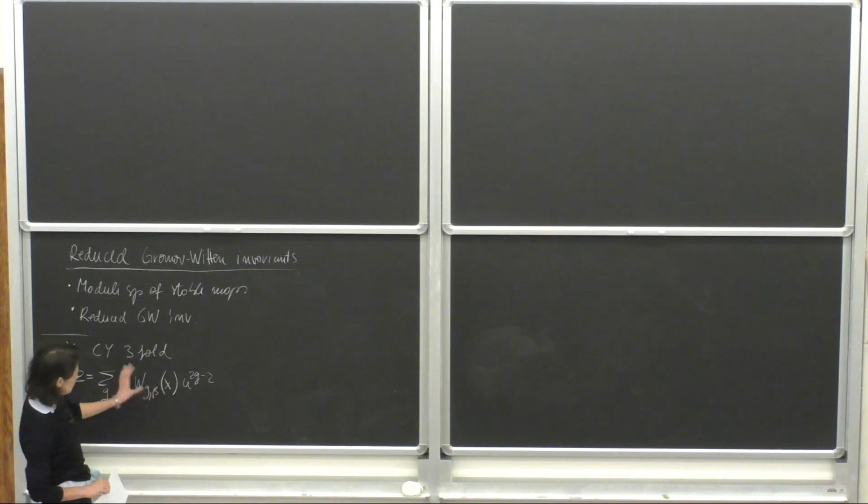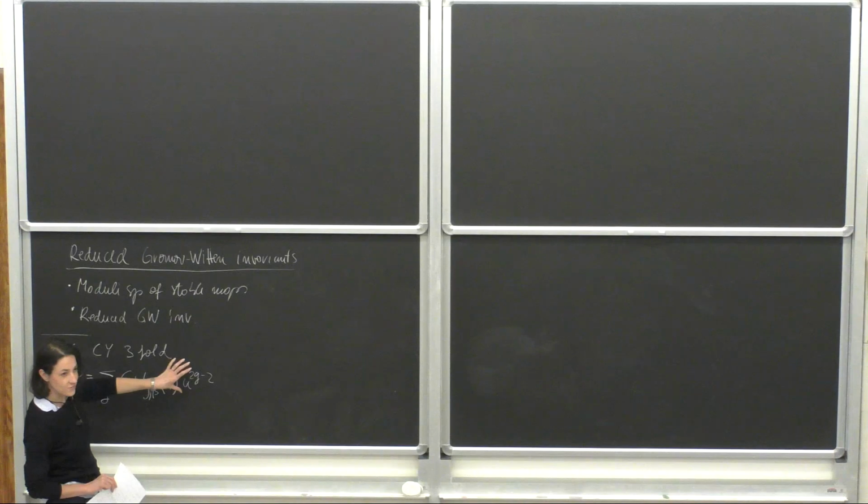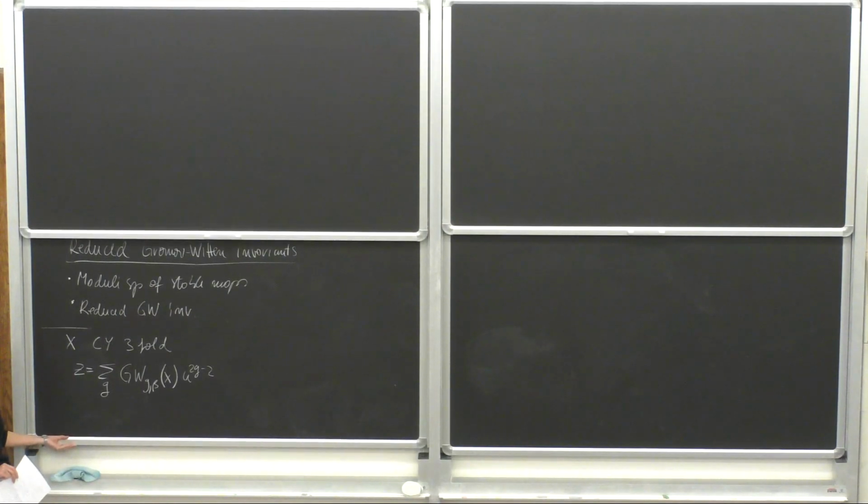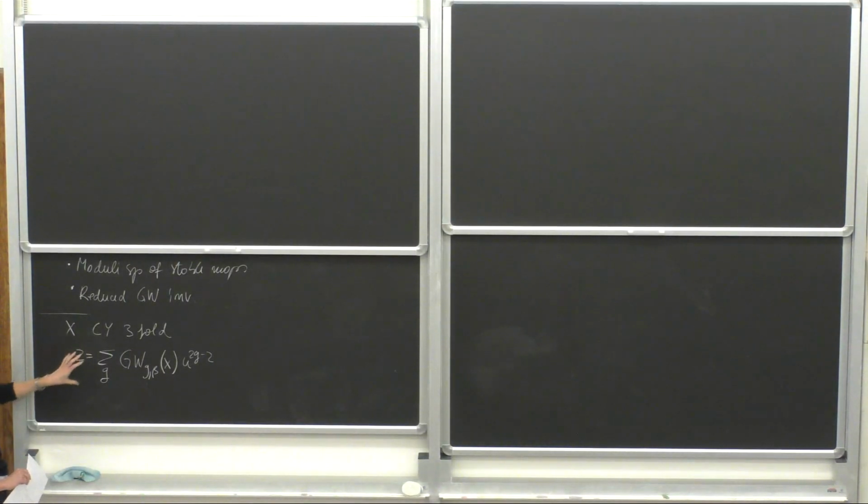But what I'm going to discuss is this thing here. So I understood that this is the free energy of a type A topological string. And I think that's pretty much all that I can say about the physics of the object that I'm talking about.